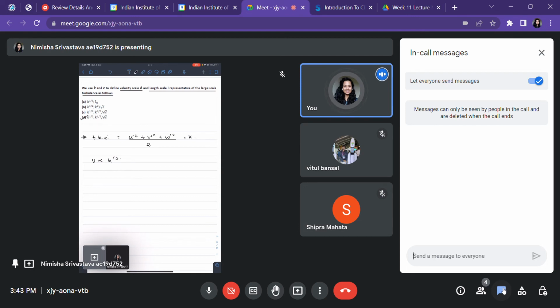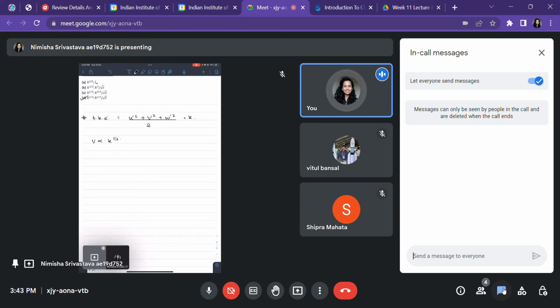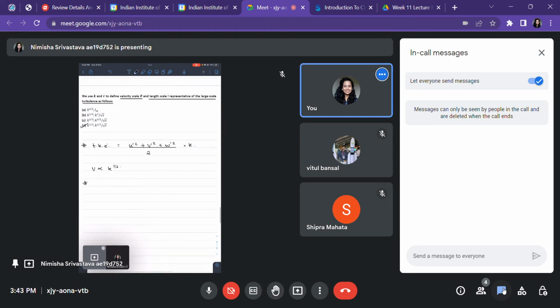It sounds good to me. Whereas with respect to the length scale, we are typically looking at something like K to the half by the square root of epsilon. Okay, so that's how you approximate the length scale for this case.